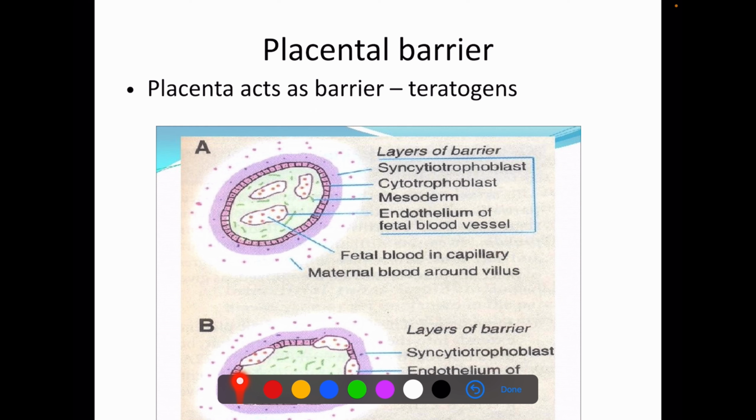Though it is selective, certain viruses and a few medications which a mother is taking can pass through this placenta. They can cross this barrier and lead to a condition, and such drugs are called teratogens. So what are teratogens? These are medications taken by the mother that cross the placental barrier and affect the fetus. They are called teratogens.